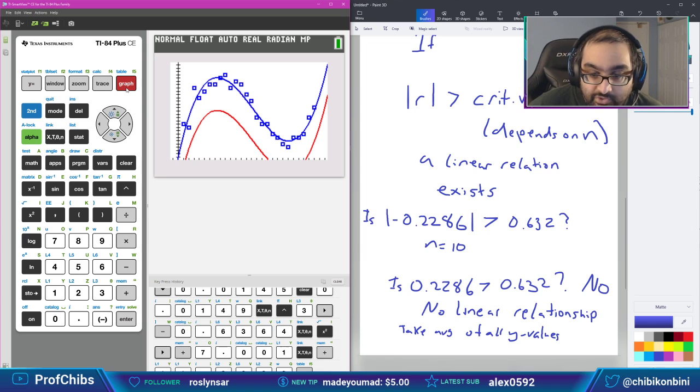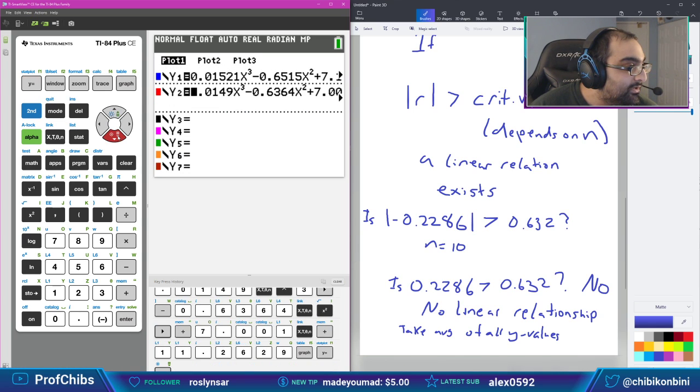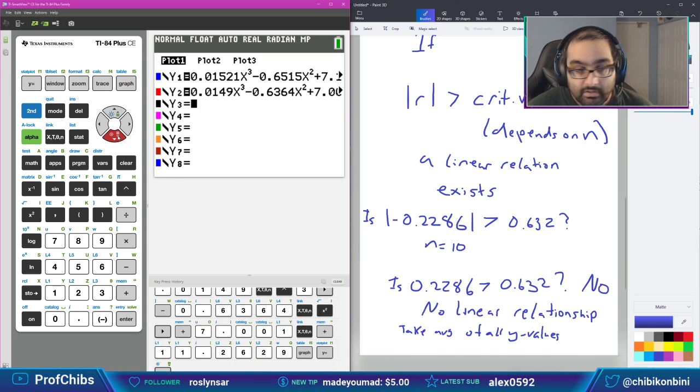Want to have the other two? All right. So the blue one here is our cubic line of best fit. This red one here is the one you just gave me, and now we'll just need a third one there. And then I'll go ahead and put that on the graph, and then put it together. And change that color.